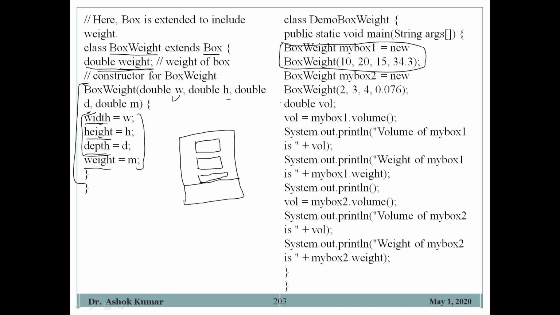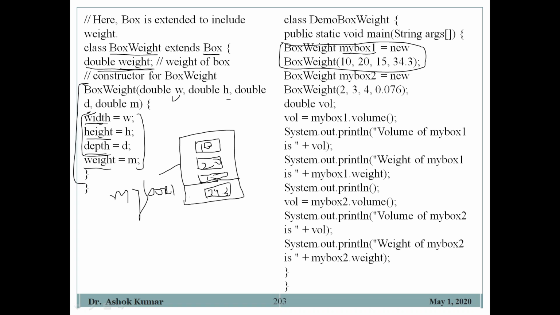So we are assigning 10, 20, and 15 to width, height, and depth, and 34.3 to the weight. This is the weight member, and we are assigning 34.3 to it. After this gets executed, the object will get one reference, and the reference is this, my box 1, the reference of the object.